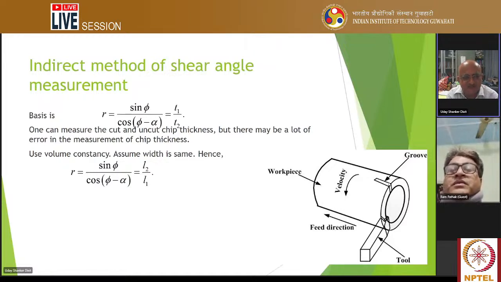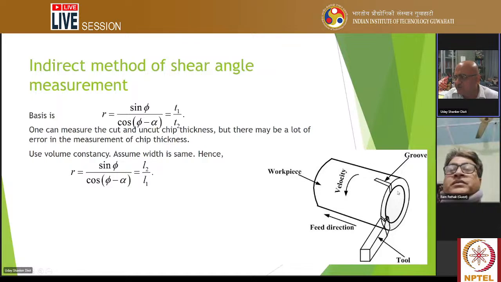Otherwise I don't know how much it is. So I will just cut one revolution and get, let us say, some lengthy chip. Maybe I got, say, 3 centimeter, but as per my calculation 2 pi r should have been this.